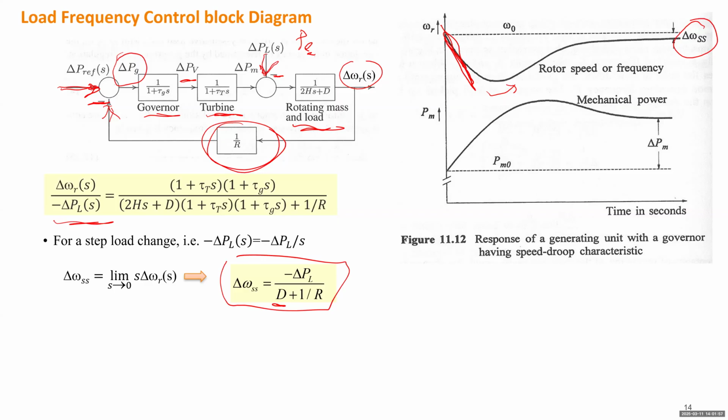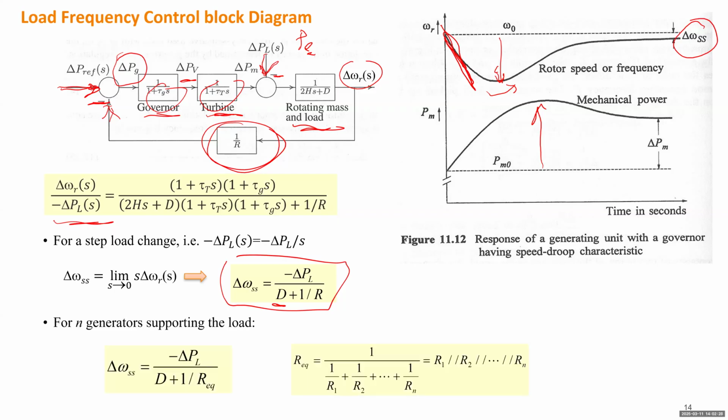Another thing we notice is the frequency drops to the lowest point, and the increase of the mechanical power actually happens later, because there's a time delay or time constant from frequency deviation all the way through to the mechanical power change. There are two time constants, one with the governor, the second with the turbine. So the total time will depend on how soon you can influence the mechanical power.